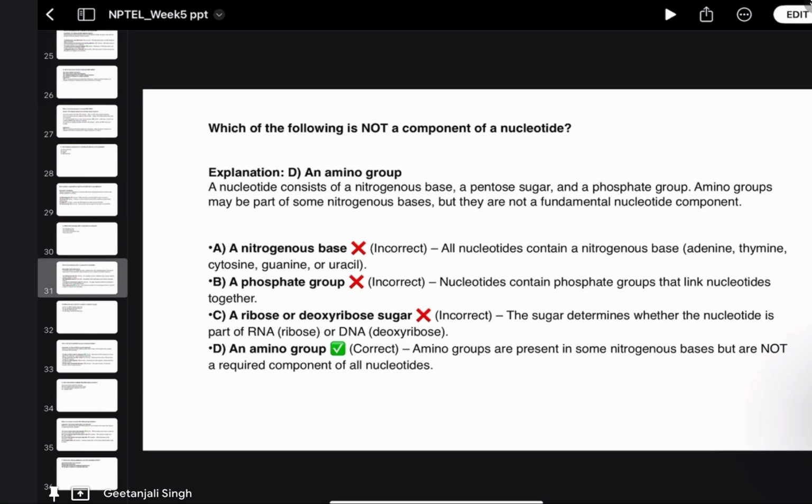So, amino group is obviously not a component of a nucleotide. A nucleotide consists of a nitrogenous base, a pentose sugar, and a phosphate group. Amino groups are part of nitrogenous bases, but they are not a nucleotide component. Let's go to the next question.